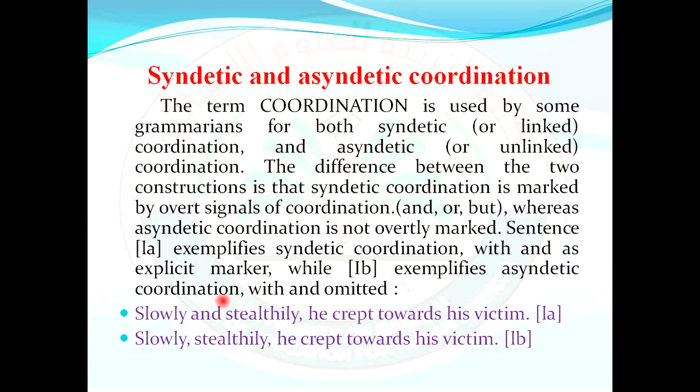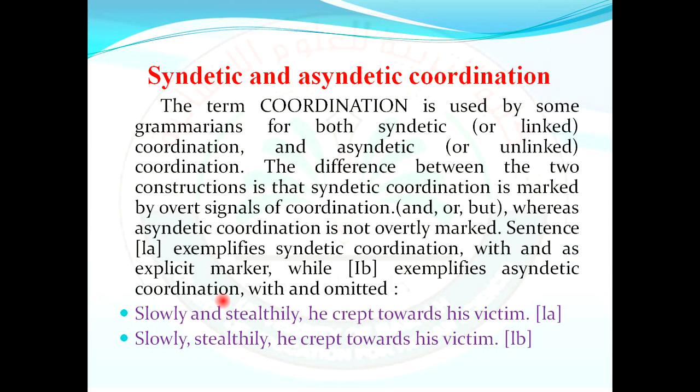So sentence 1a below exemplifies synthetic coordination with and as explicit marker, while 1b exemplifies asynthetic coordination with an omitted coordinator.